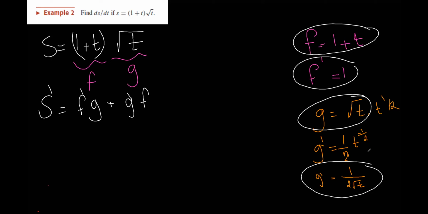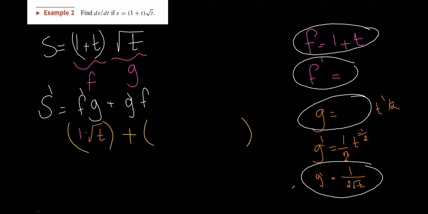Let's start now. Where's f prime? It is here. I bring this number and I put it down. Then g, where's g? It's square root of t. I bring it here now. So it is 1 times square root of t plus g prime f.